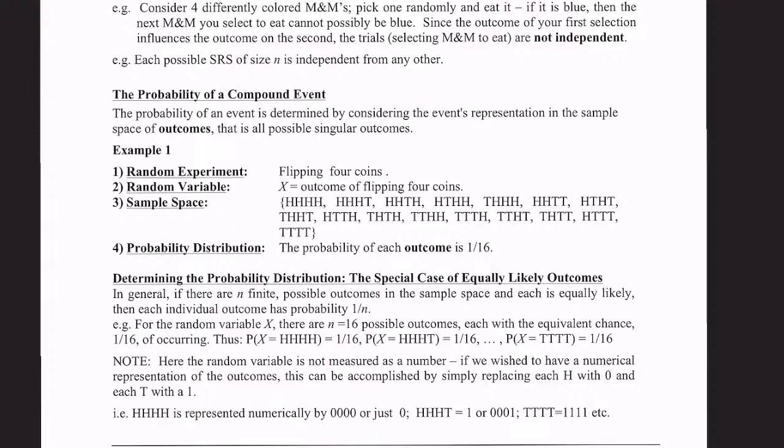So the probabilities changed because I ate one of the M&Ms. So those are not independent events if you do not replace. This is called sampling without replacement. Those are not independent events.